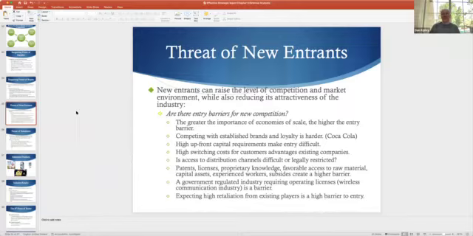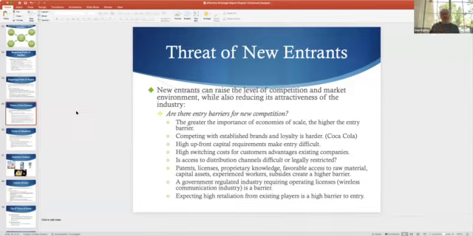If this industry has distribution channels that are already sewed up, or there's kind of restrictions on the distribution channels, if there's licensing, patents, proprietary knowledge, any kind of capital assets or experienced workers are gone, any kind of subsidies that might exist, those would create a barrier as well.